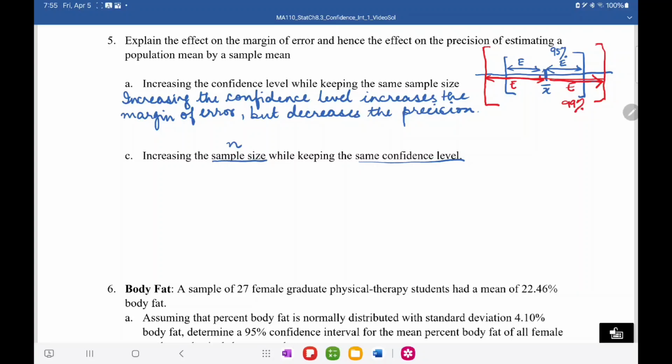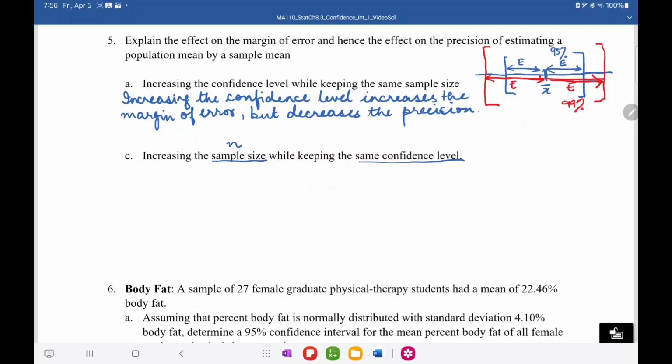I'm going to show you mathematically how the margin of error gets decreased when we increase the sample size. But let me just say this: when we increase the sample size, keeping the same confidence level, the margin of error will decrease and the precision will increase.